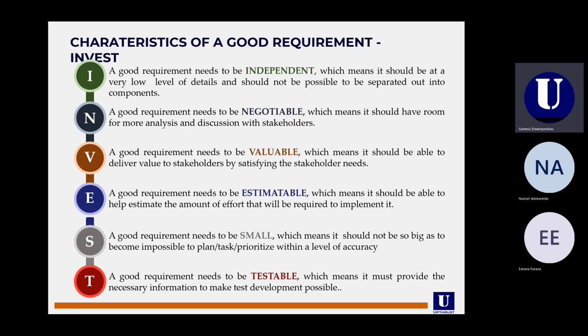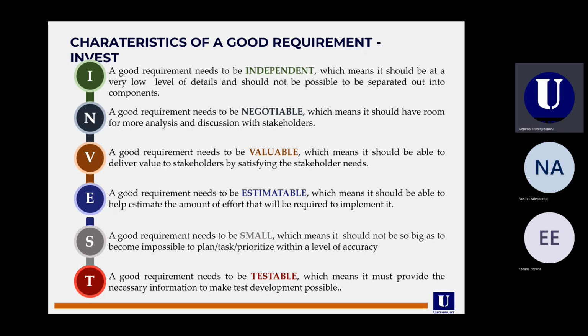A good requirement needs to be as small as possible. Your user story needs to be small, which means it should not be so big as to become impossible to plan, track, and prioritize within a level of accuracy. A good requirement as well needs to be testable, which means it must provide the necessary information to make test development possible.